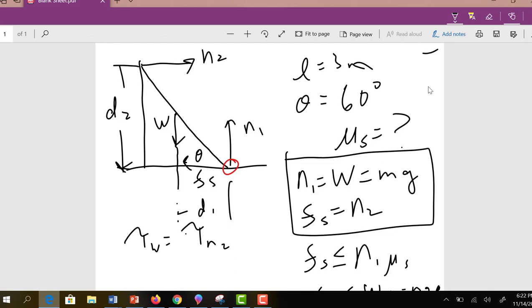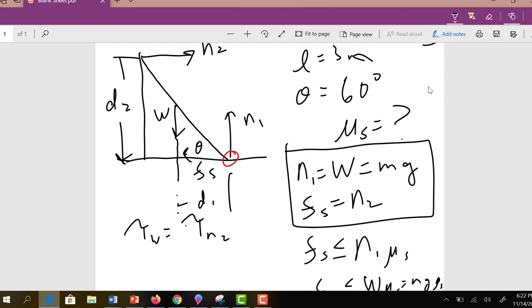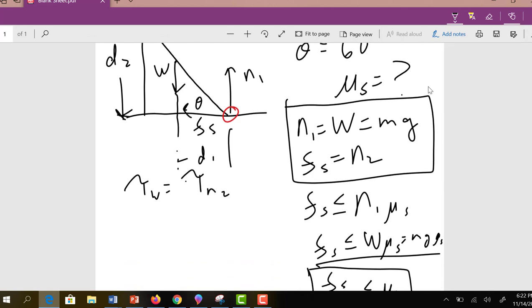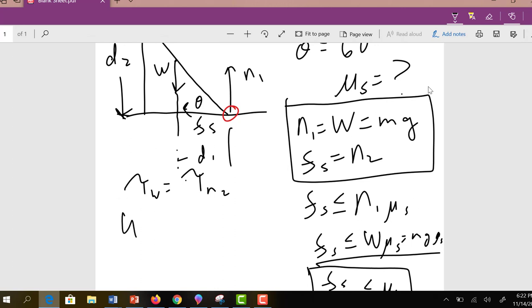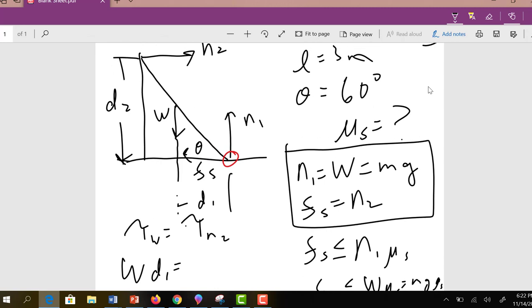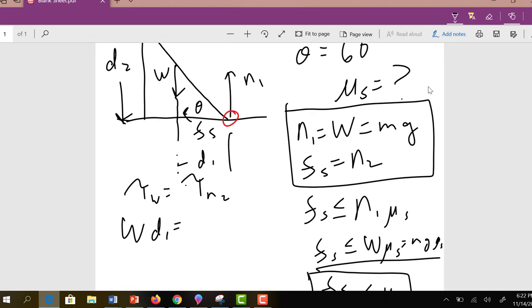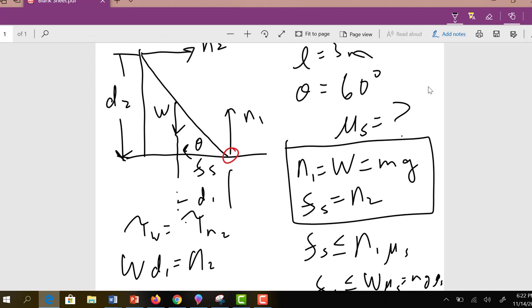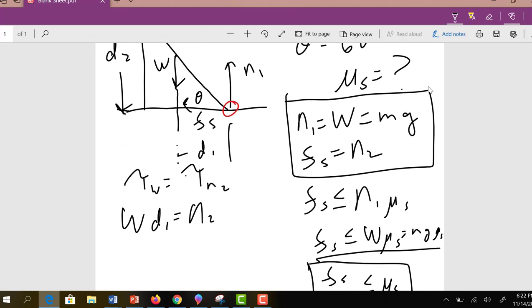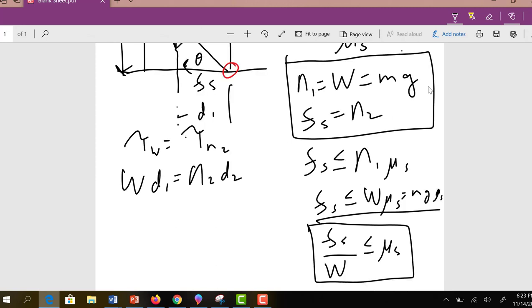Normal 2, the other force that's not at the pivot point, is over there at d2, and will make it rotate clockwise. So the torque from the weight is the weight force times the perpendicular distance to the pivot point, which in the problem is d1. That's got to be equal to the torque from normal 2: the force normal 2 times the perpendicular distance to the pivot point, d2. So far the physics is great.